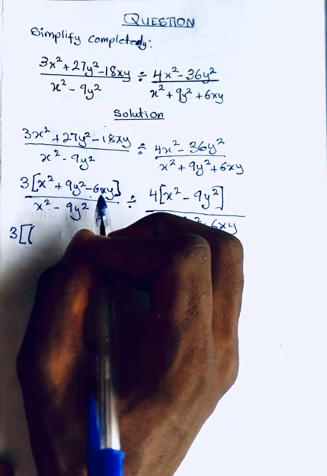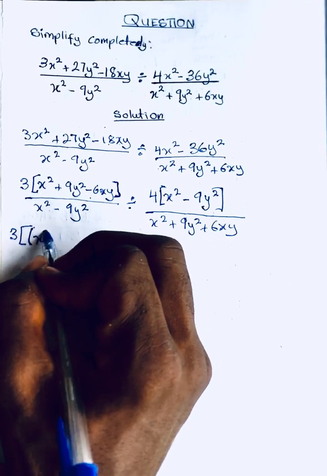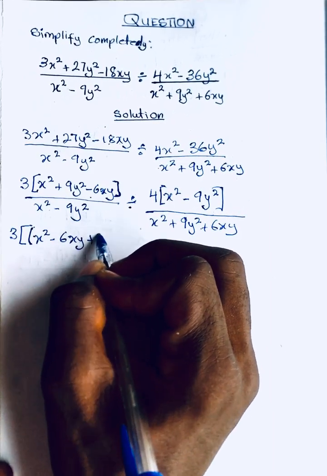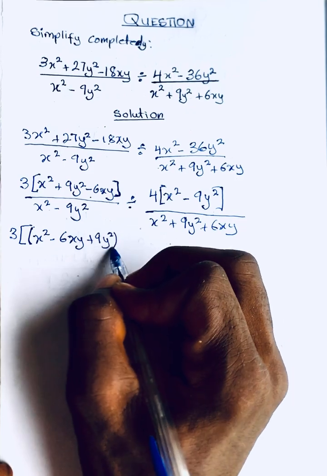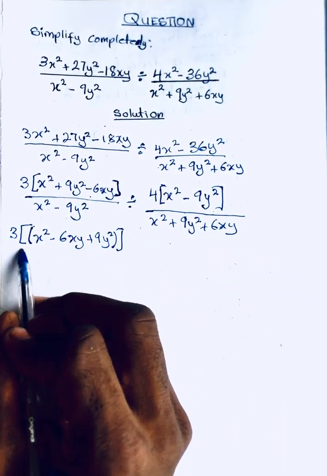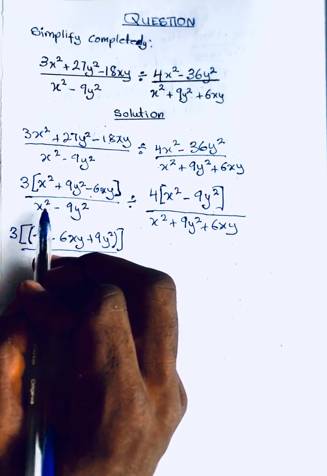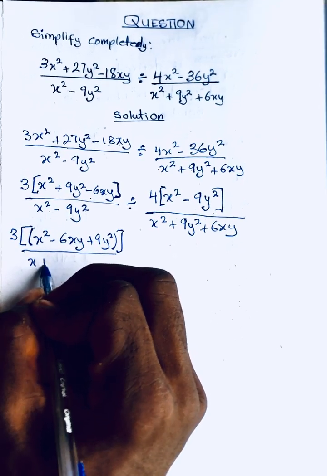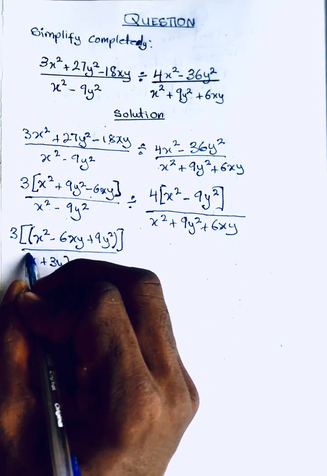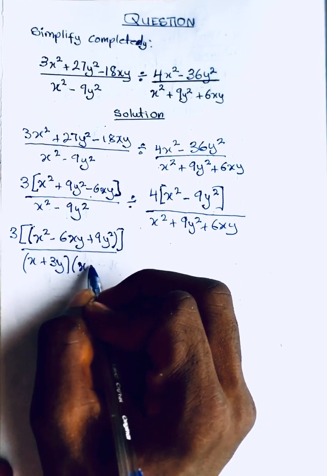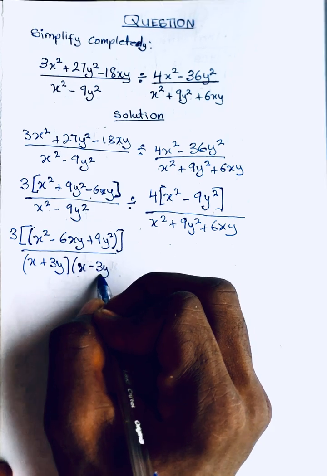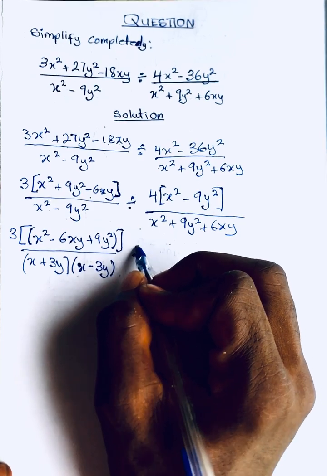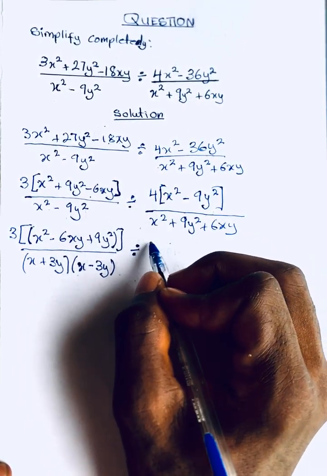This can be written as x squared minus 6xy plus 9y squared, all divided by, this is the difference of two squares, so it will be x plus 3y, x minus 3y. This is it. Then this is divided by 4.